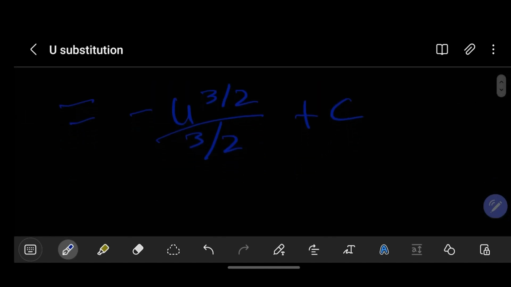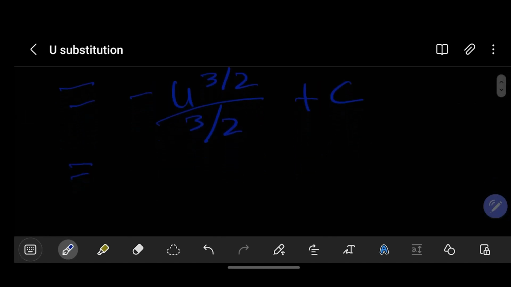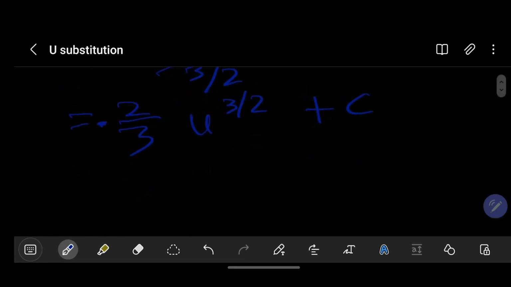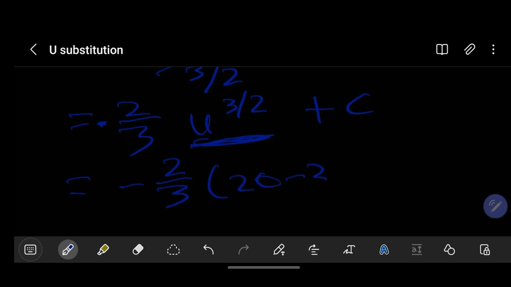And this can be rewritten as 2 by 3 minus 2 by 3 u to the 3 by 2 plus c. We're not done as yet. Ensure that we bring back what we substituted for u, so that's equal to minus 2 by 3 into (20 minus 3x squared) to the 3 by 2 plus c.